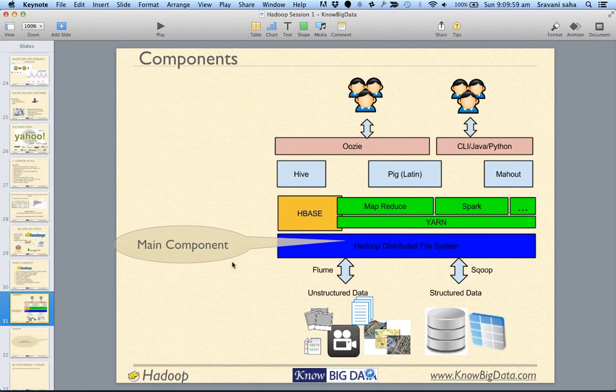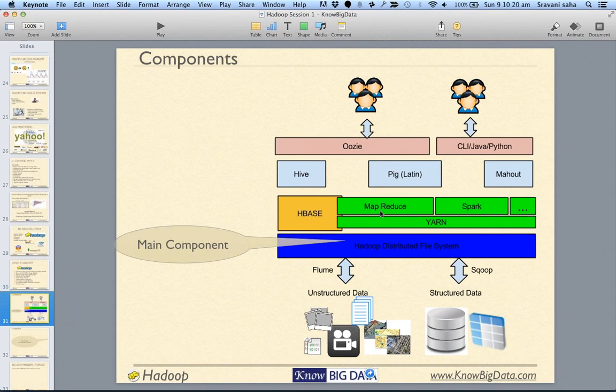Now, it started with two, three components such as a file system, MapReduce and HBase. File system is based on Google file system.